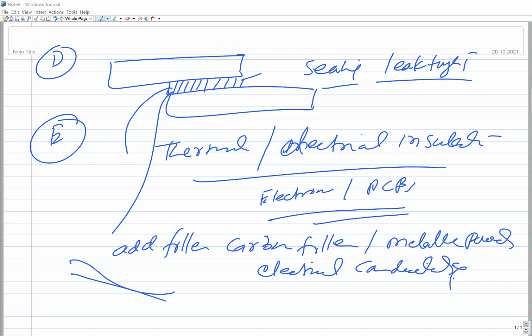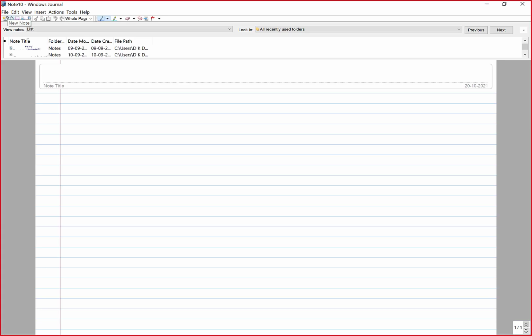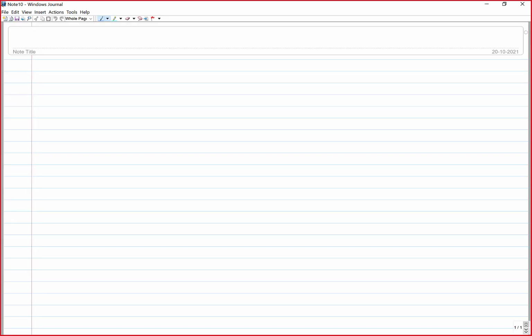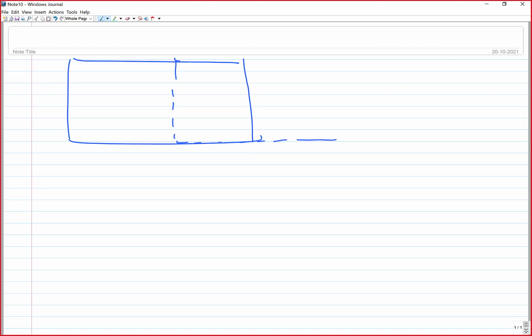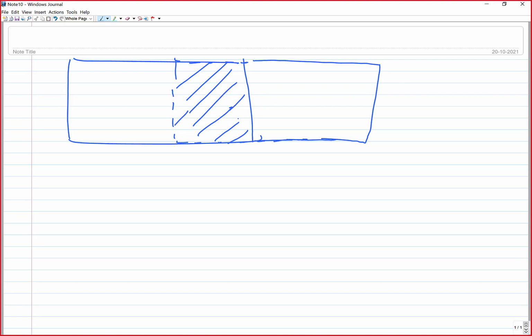Then we have another interesting feature of adhesive joining. Let's say this is the top view of an adhesive joint. Typically, in adhesive joining, this area is 1 inch by 1 inch, depending upon the size, purpose and load requirement. Whenever the adhesive joint is developed, the adhesive is expected to spread over the entire surface.